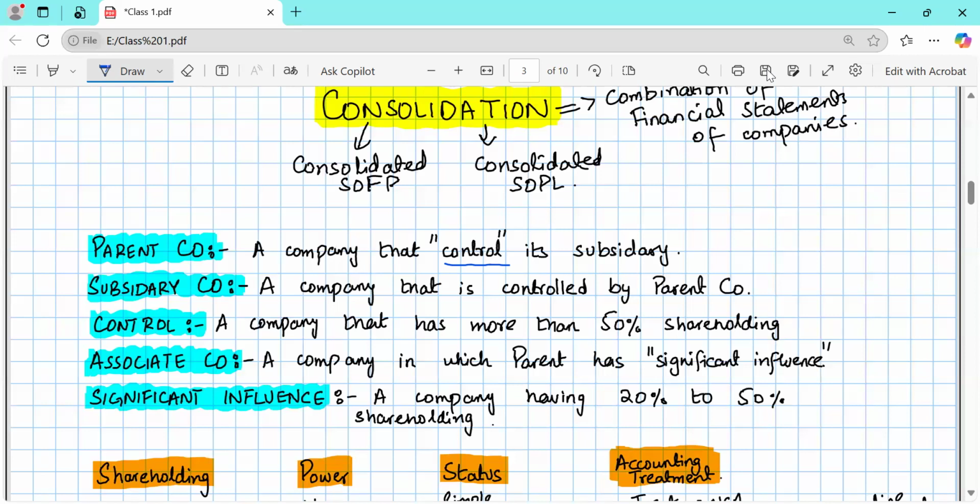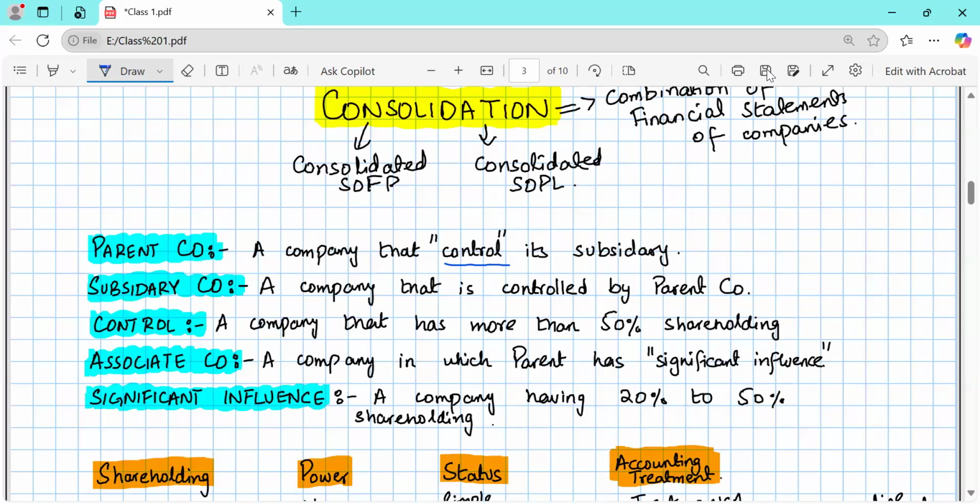So when the voting is done, you will have the power to make the decisions as per your requirement. So this is how control and significant influence are different. Control means you have power to change the decisions, to decide according to you, while significant influence means you don't have that much power to change the decision, but you have a certain influence in that.